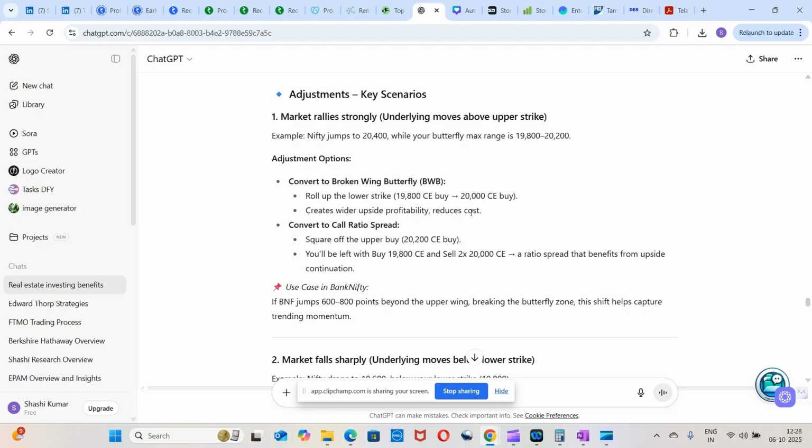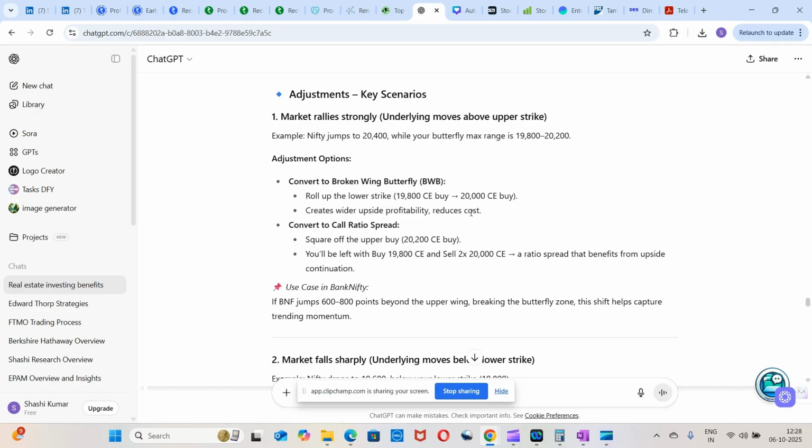Or you convert it into a call ratio spread. You square off the upper buy, so you square off the 20,200 C. Then you will be left with a buy position of 19,800 C and a sell position of two 20,000 Cs. So that would be a ratio spread, and with any upward movement the market makes, you will make money.